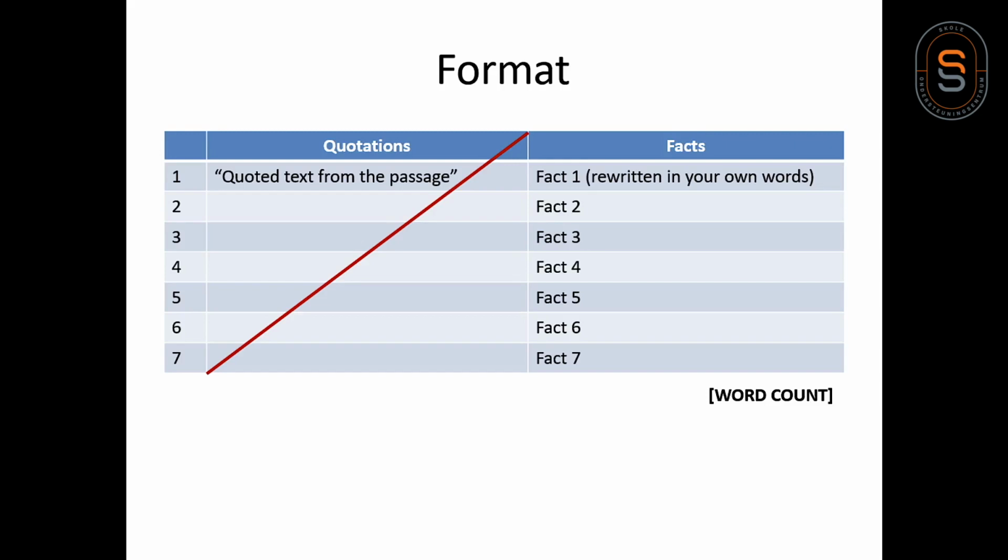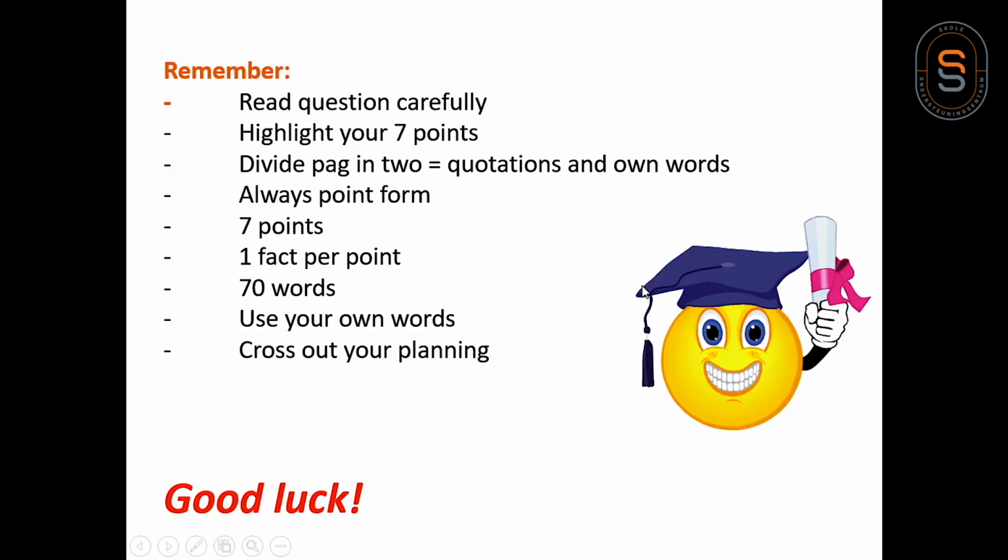So then you write the quotations in the first column. In other words, those parts that you have highlighted, you write it down, fact 1 to 7, and then you rewrite it next to it in your own words. That is the easiest way to do a summary.